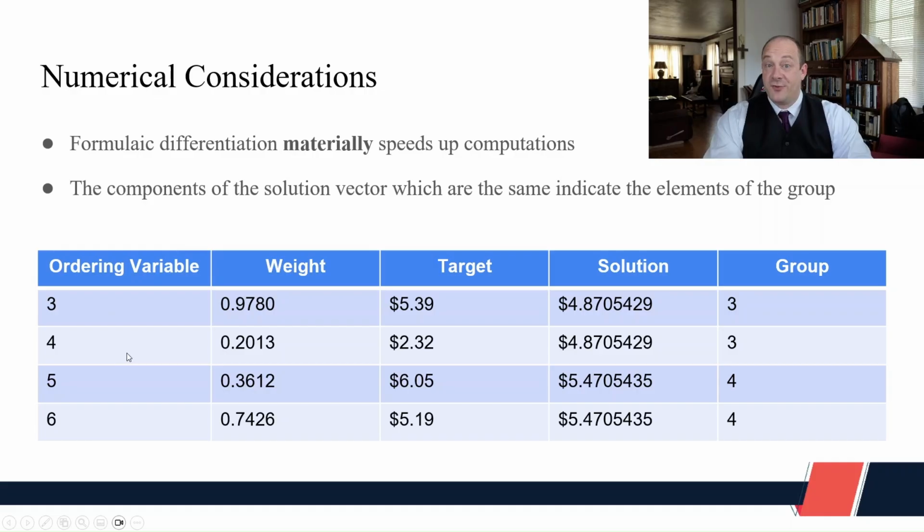So these are records 3 through 6. When we solve the constrained optimization problem, records 3 and 4 get the same value, and records 5 and 6 get the same value, and we go, okay, cool. Well, let's just group those together, and everything should be fine, right? Wrong.